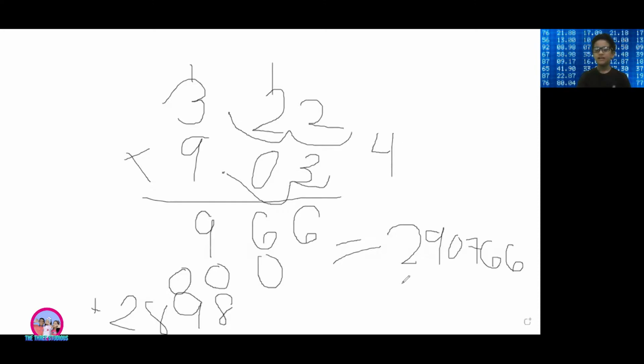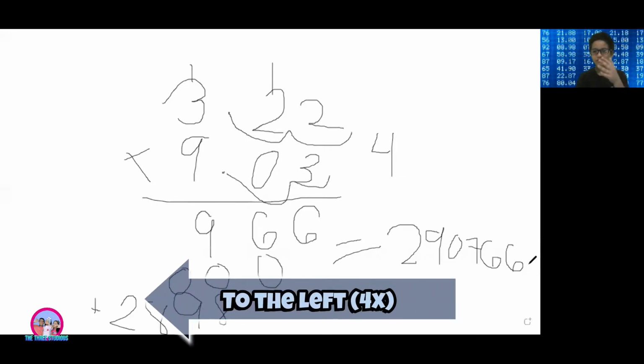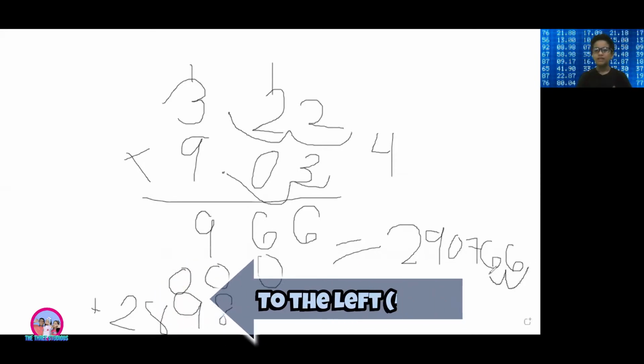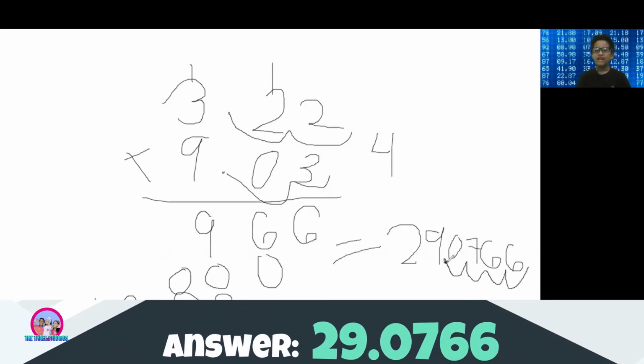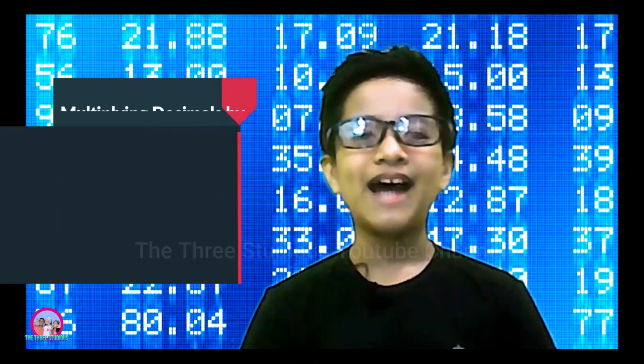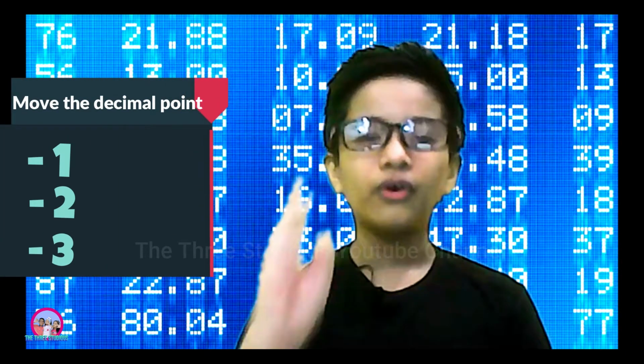So here, we have to move 4 decimal places to the left. 1, 2, 3, 4. So the answer is 29.0766.